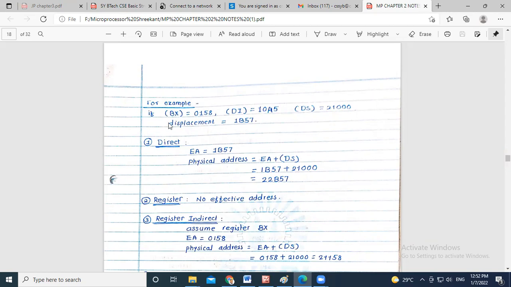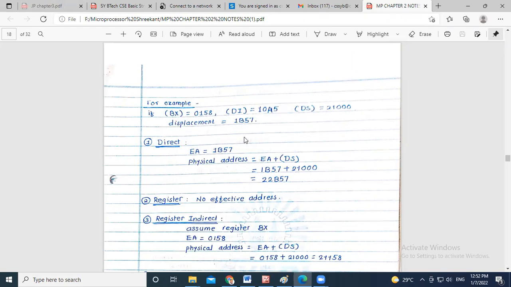Totally 5 addressing modes we studied, and they come under data related addressing modes. For example, what we taught is based on BX, displacement, DI the destination index, SI the source index, and DS the data segment. In this example BX is 0158, DI is 10A5, and DS is 21,000.